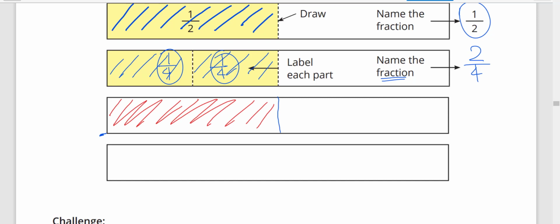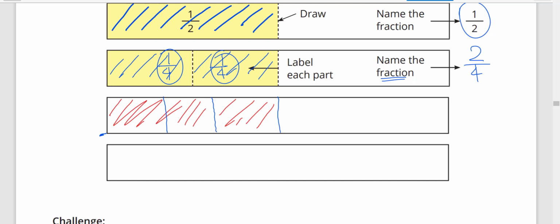Okay. Then divide each half into three equal parts. As we can. One, two, no. From here, one, two, three equal parts.